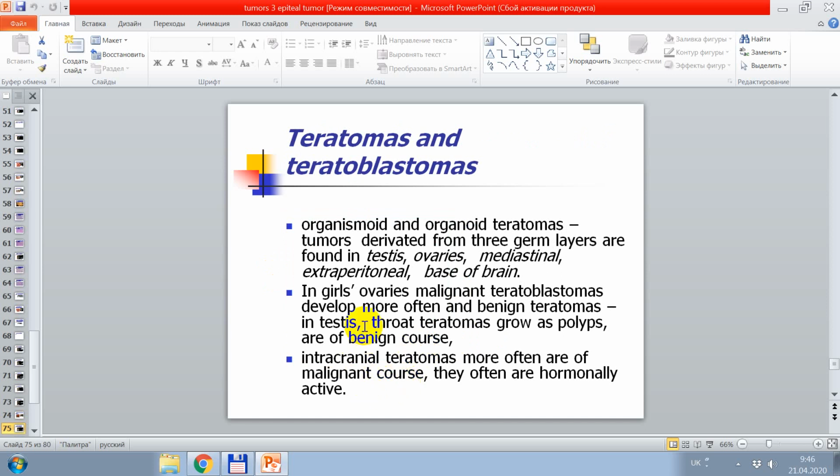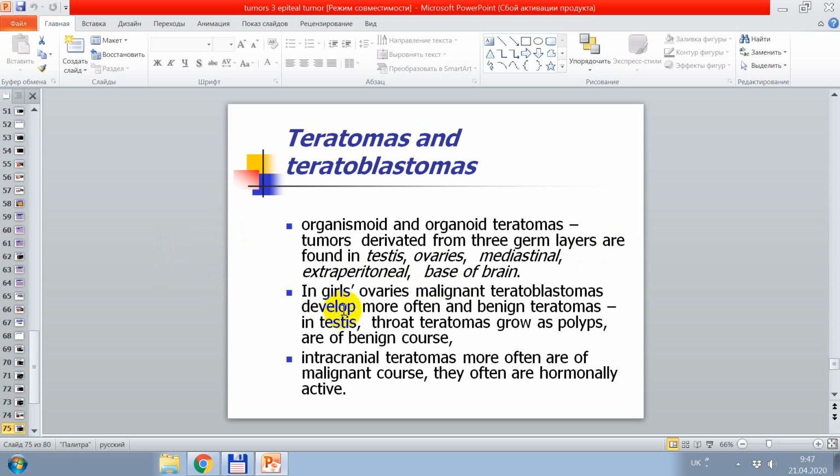Teratomas and teratoblastomas. Organismoid and organoid teratomas, tumors derived from 3 germ layers, are found in testes, ovaries, mediastinum, extraperitoneal space, and base of brain.